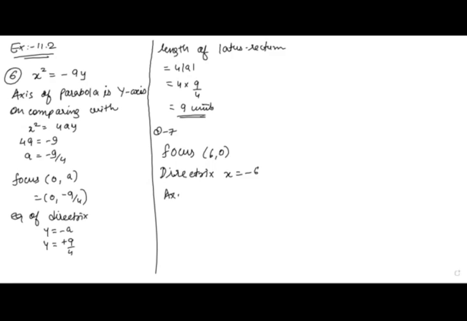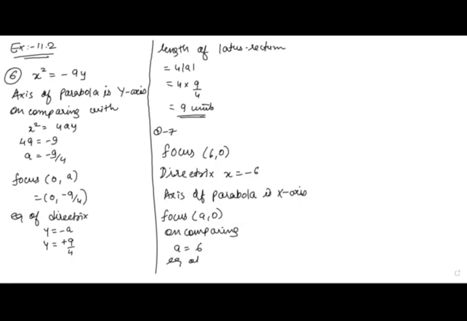So here I will write that the axis of the parabola is definitely the x-axis. So I will consider the equation y square is equal to 4ax. We know that focus is at a comma 0. So on comparing, I will get the value of a as 6.